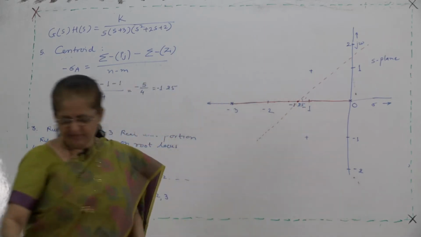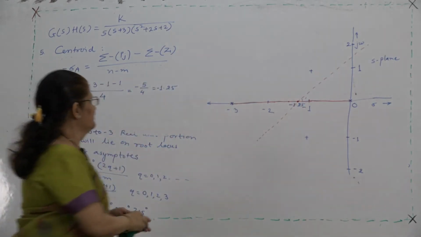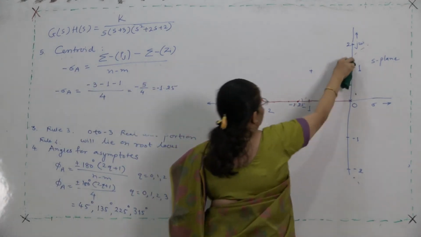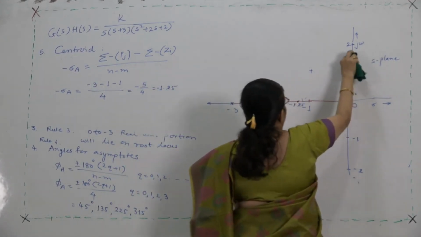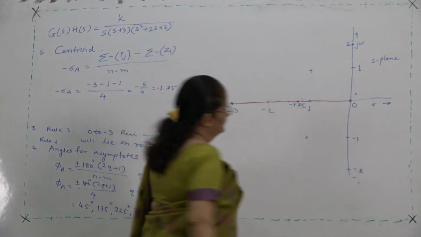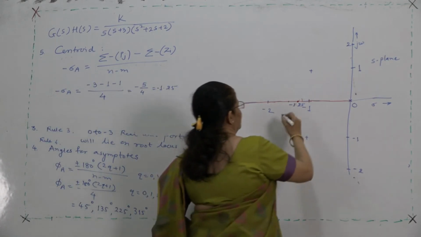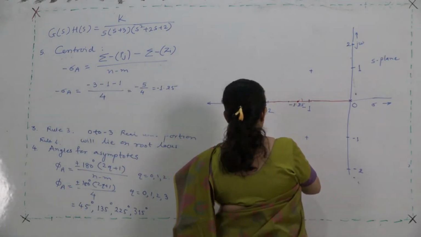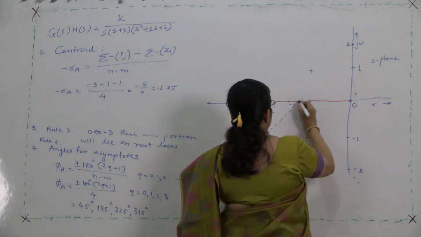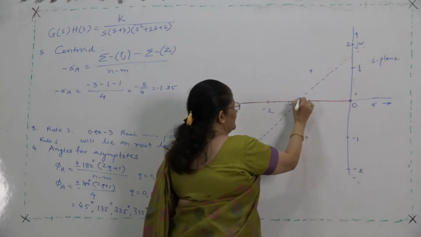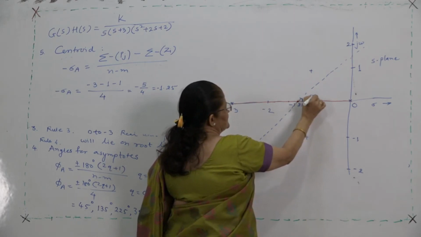I will use the blue pen, because red we will use only for the root locus. So, this is the angle 45 degrees.